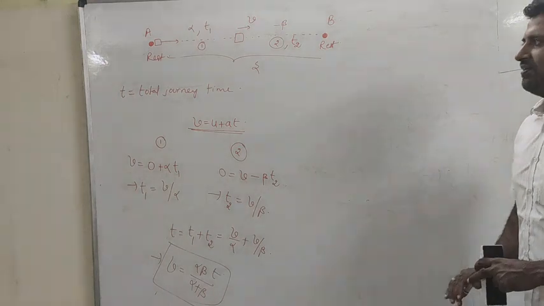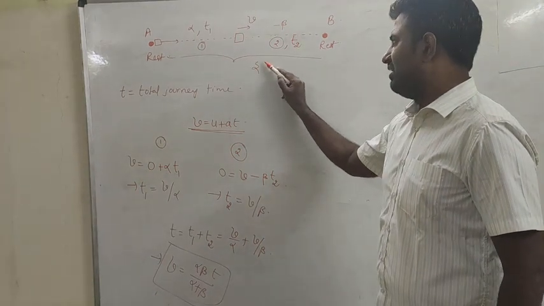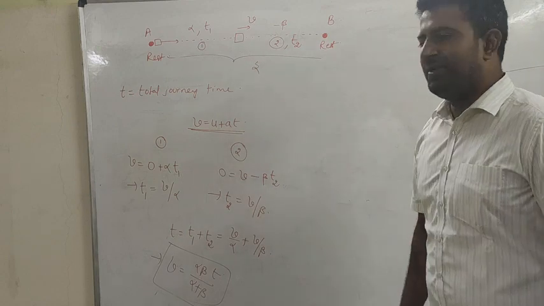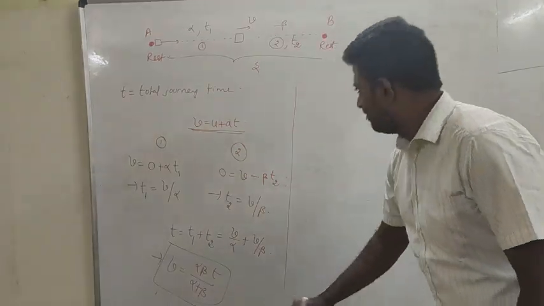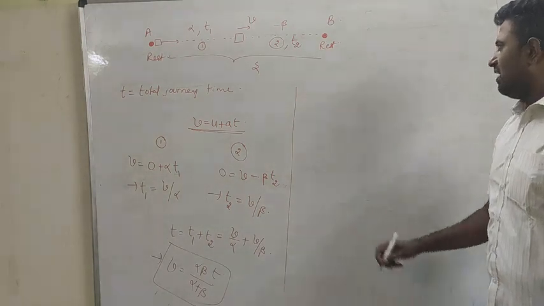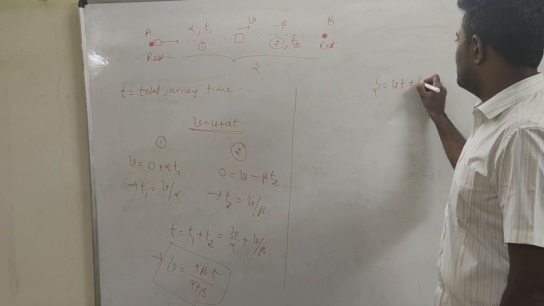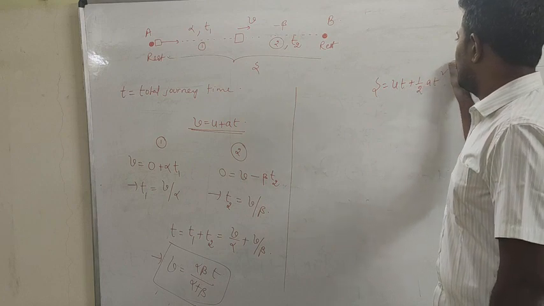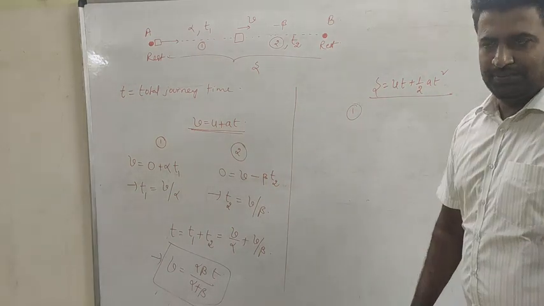For the next part of the information, we would like to get the relationship between S, alpha, beta and T similarly. So let us start. To find the relationship, I will take the help of S equal to ut plus half at square for both parts of the journey. Let us implement it for part 1.